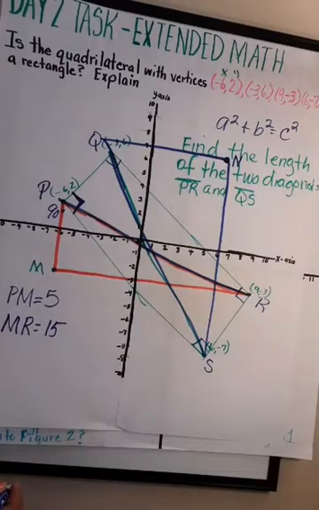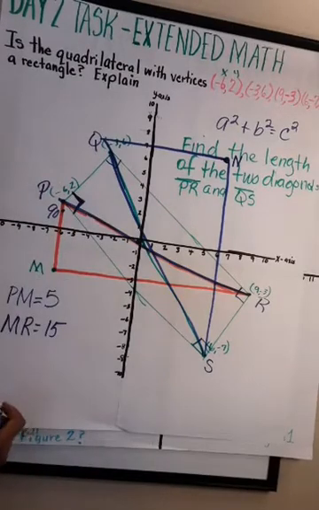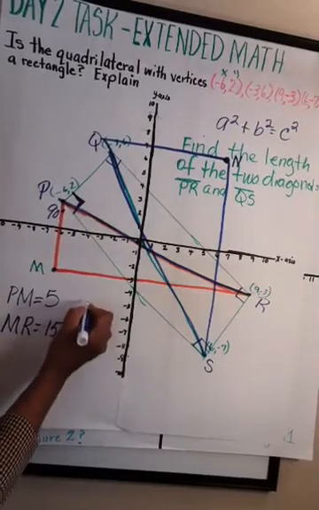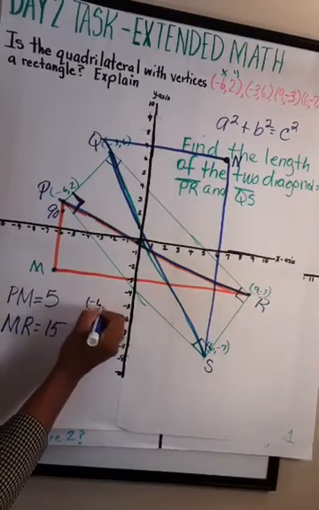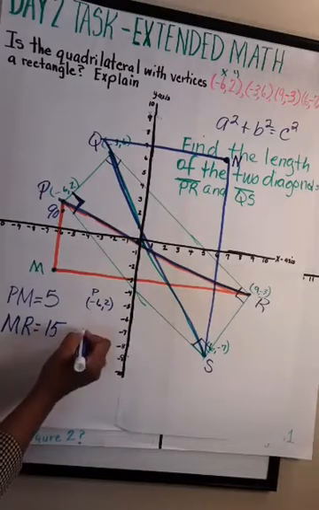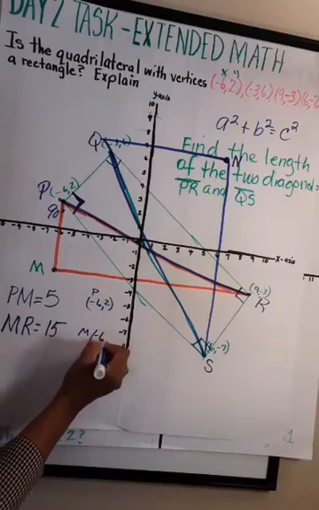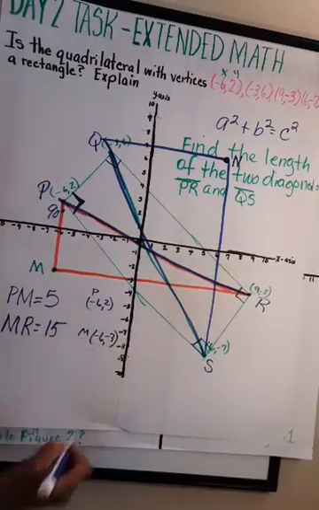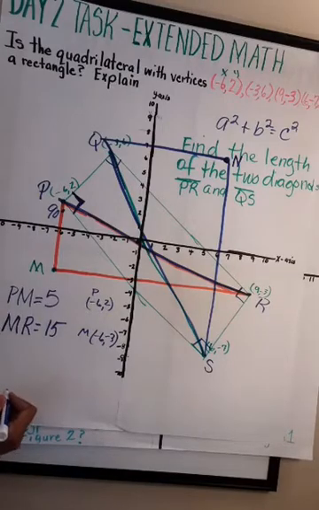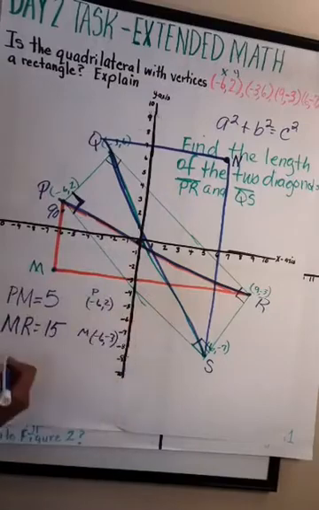Okay? Now, since P was a -6 and a 2, you remember? P was a -6 and a 2. And M was what? A -6 and a -3. That's what M was. And R was what?